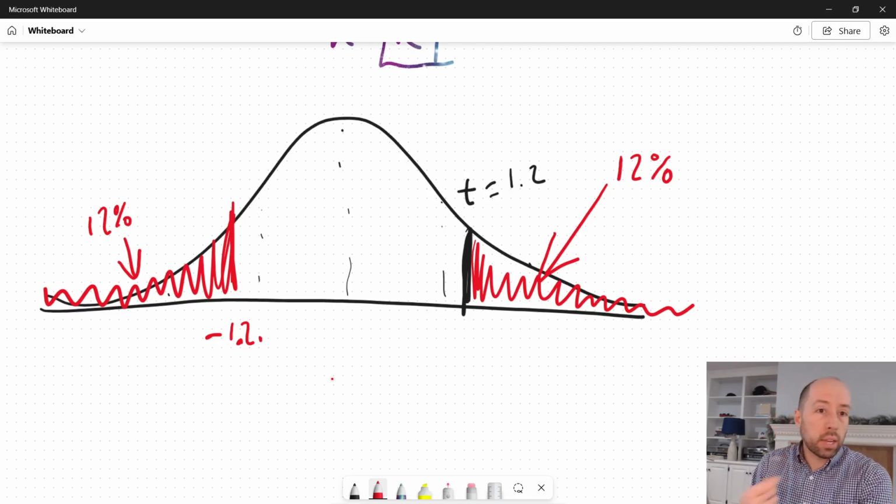If, by contrast, I see a p-value less than 0.05, then I can reject at the 95% level of confidence. Or if I see a p-value less than 0.01, I can reject the null hypothesis at the 99% level of confidence. The story there is, if the null hypothesis was true, I would see this large a t-statistic less than 1% of the time.